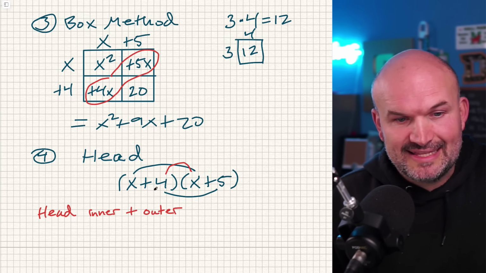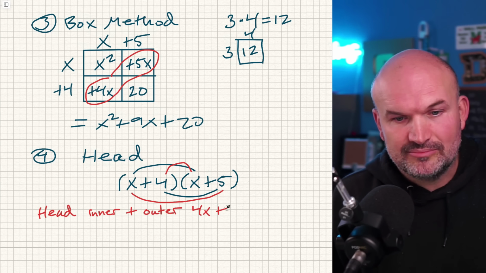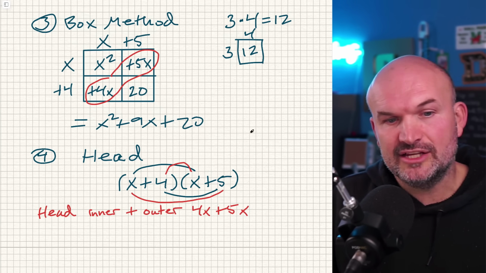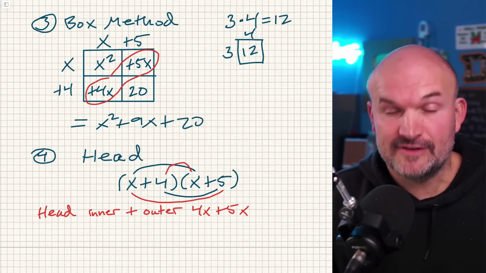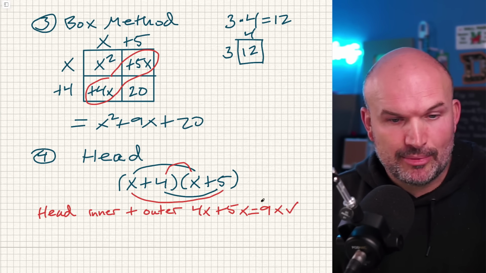And then I'm going to add this to my 5 times x. So I have a 4x plus a 5x. 4x plus 5x is 9x. Then I can do these other quick calculations very, very quickly. So I look at that middle term first, the 9x. Okay, boom, it's done. It's logged in my brain.